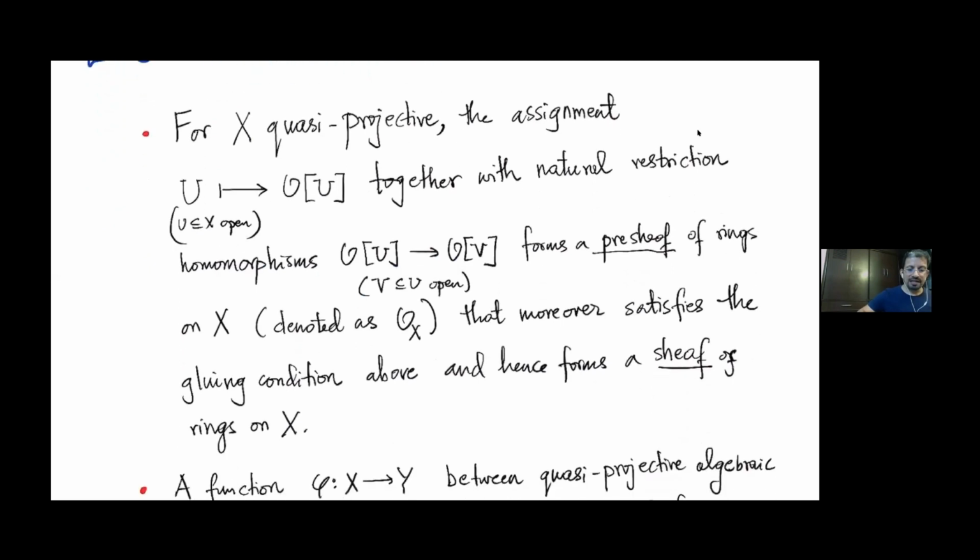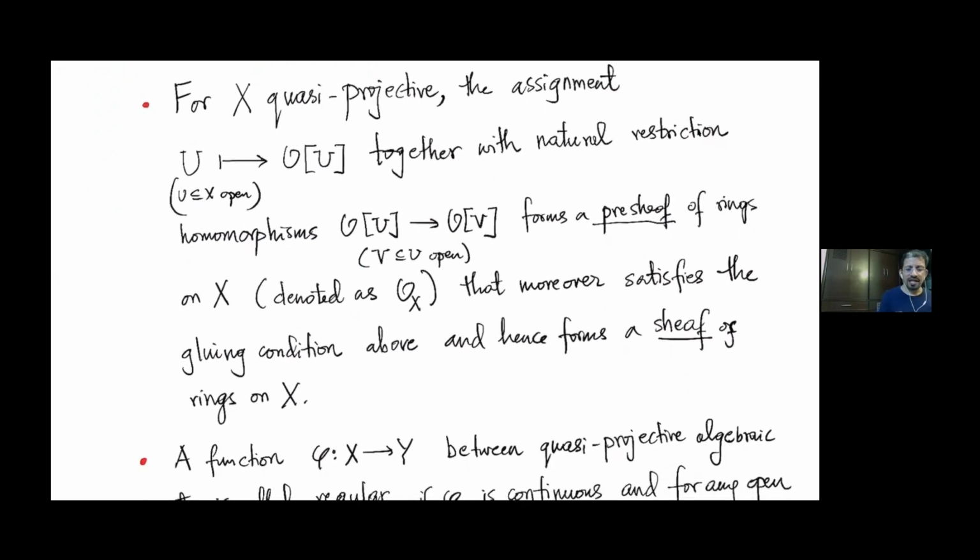So these are some generalities. For any quasi-projective X, I try to go local, which means for every Zariski open U, I assign this ring O(U), the ring of regular functions. This assignment forms what is called a presheaf structure, which is a fancy name for saying that I have a functorial assignment from U to O(U), where functoriality means that if I have V inside U open sets, the category being the category of all open sets in X with maps being restriction maps, then I have a homomorphism from O(U) to O(V).